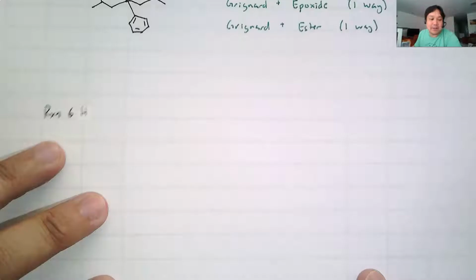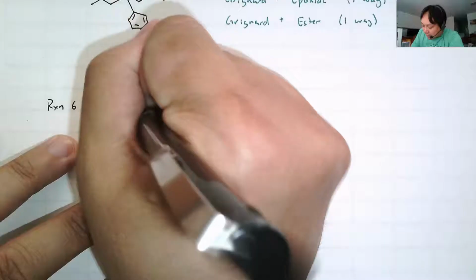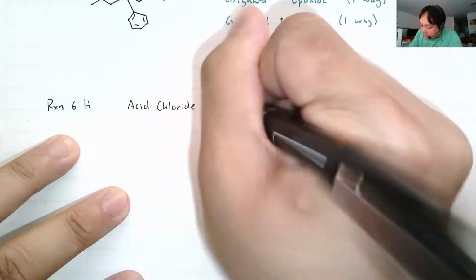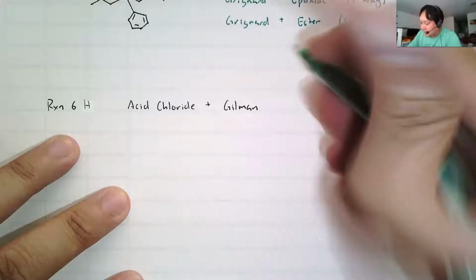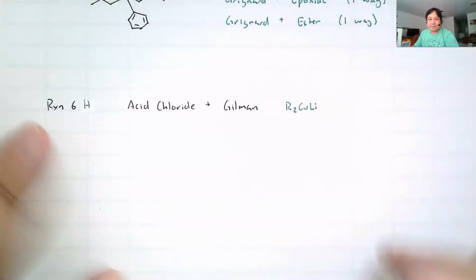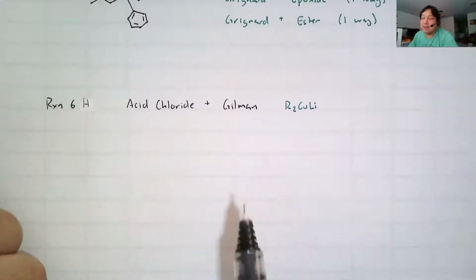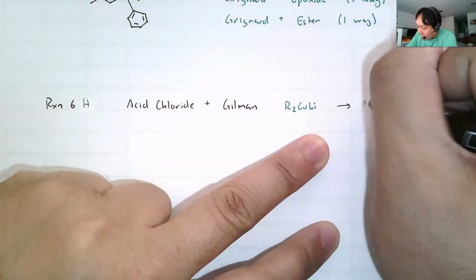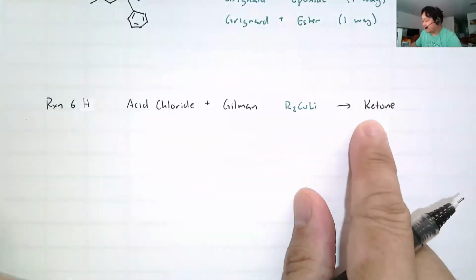This one also is kind of tricky, and I'm not going to show you the mechanism for this. Acid chloride. Do you remember what a Gilman reagent looks like? Remember, the Gilman reagent has those two R groups connected to CuLi. I'm going to give away the ending. You're making a ketone. Okay, strange. Really strange.